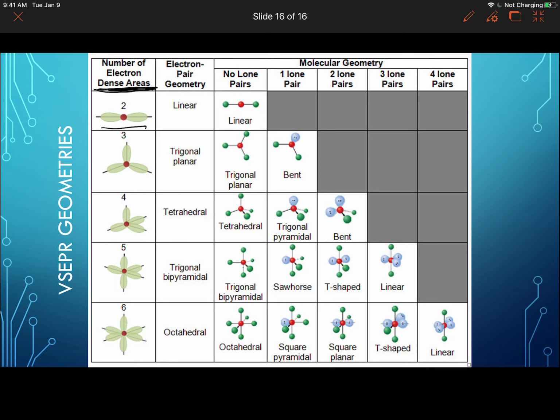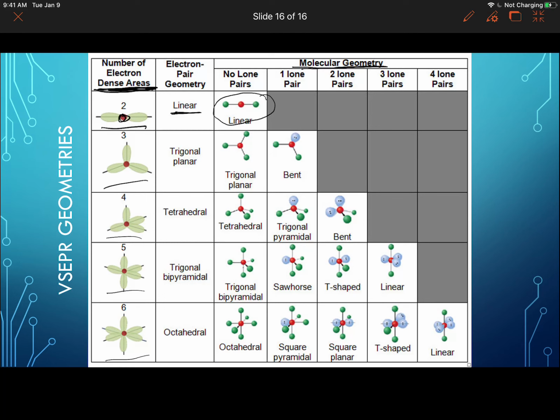So we can have 2, 3, 4, 5, or 6 electron domains around a central point or a central atom. If we have 2 electron domains around a central point, we have a linear structure. So it has a linear electron pair or electron domain geometry, and we also have a linear molecular geometry.